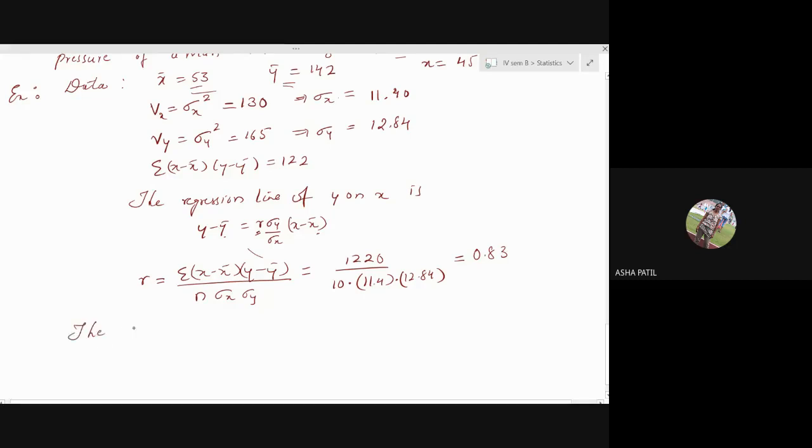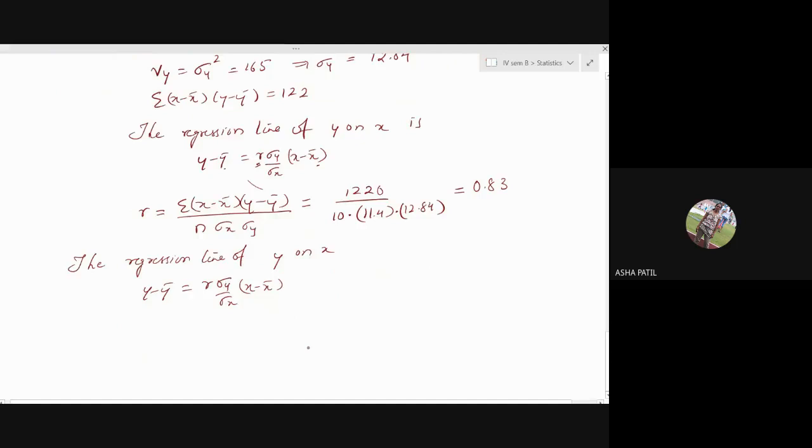Now write the regression line of y on x. Y minus y bar is equal to r sigma y by sigma x into x minus x bar. Substitute the values. How much is y bar?